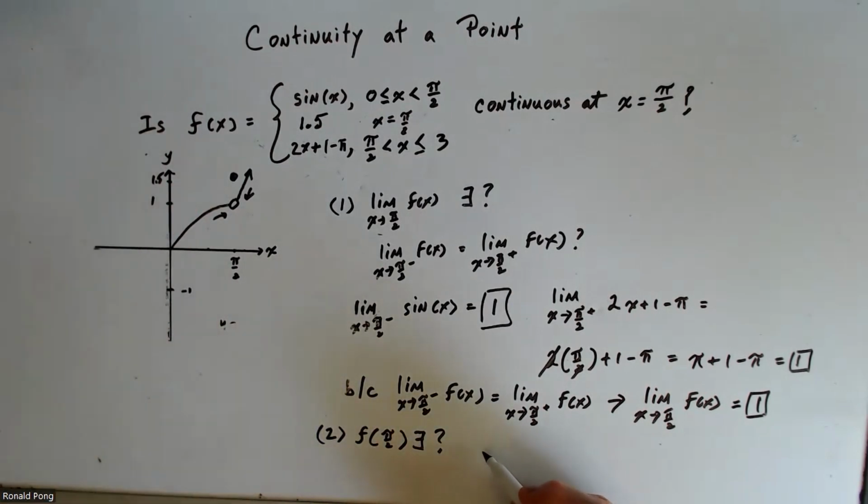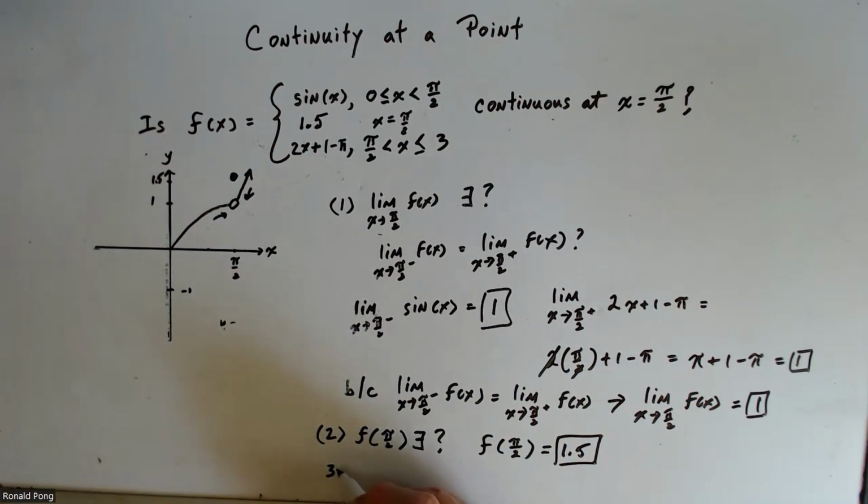We can say it does. And we could state clearly what that value is, that f of pi over 2 equals 1.5. So now we've met the second criterion for continuity at a point.